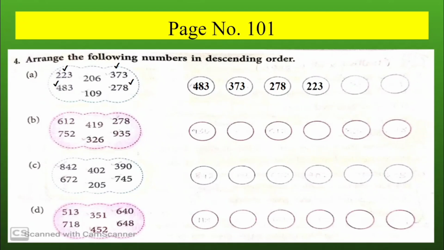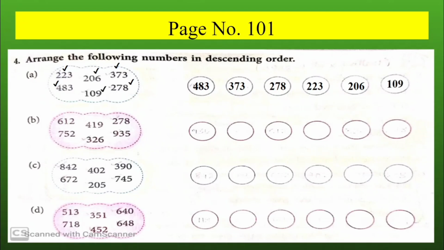Now we are left with the last 2 numbers, that is 206 and 109. So which among the 2 is the greatest number? Which is the largest number here? Yes, 206. So we will write 206 after 223. Now we are left with the only number 109, which is also the smallest number among all these numbers. So we will write 109 after 206.